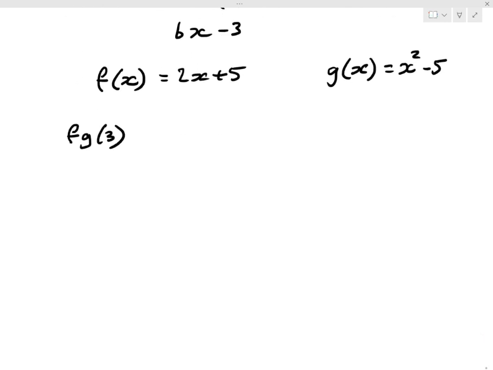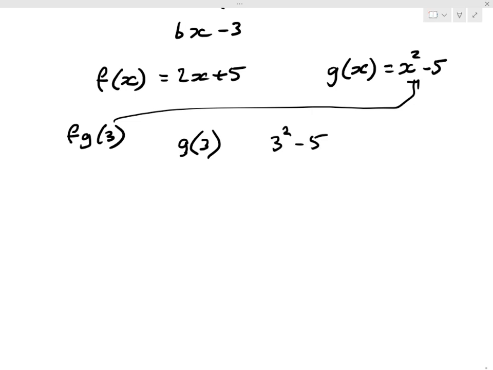So we do the inside first, so we've got to plug the number 3 in there. g of 3 is going to be equal to 3 squared minus 5, which is 9 minus 5, which equals 4.